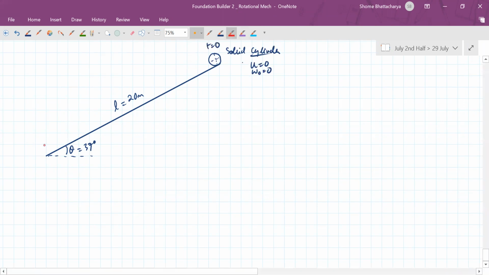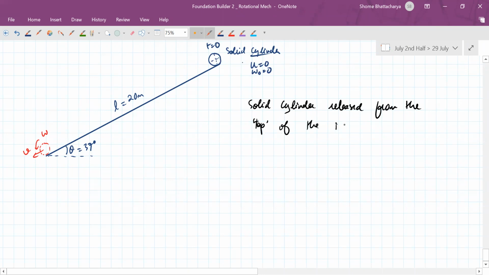After some time it reaches here, and by now it has some linear speed and some angular speed.